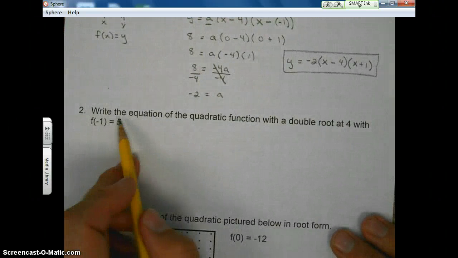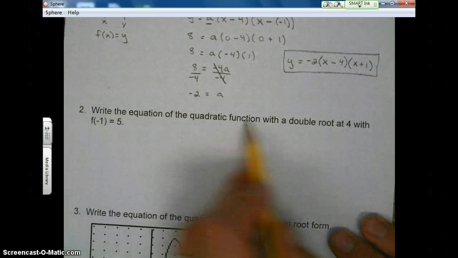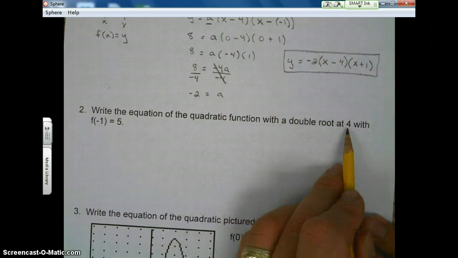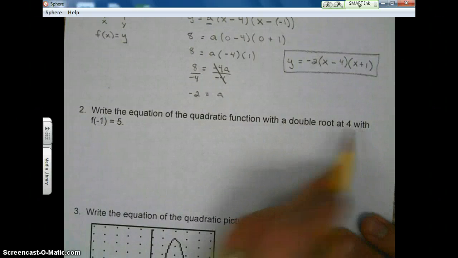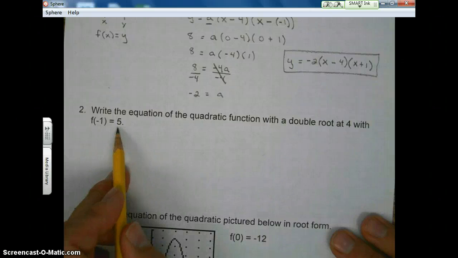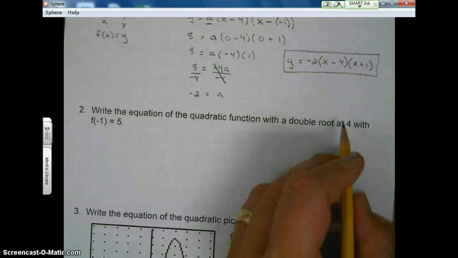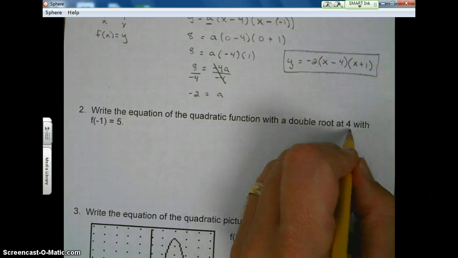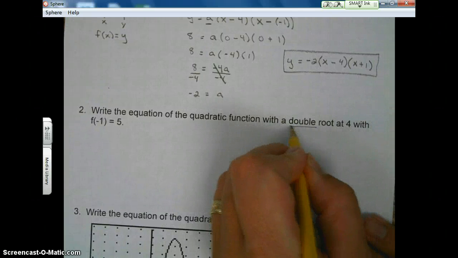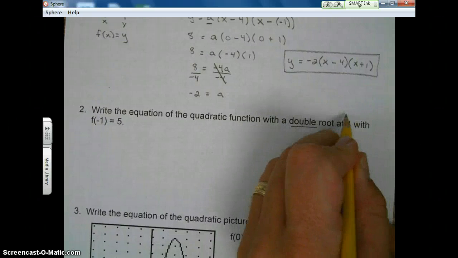Take a look at number 2. It says, write the equation of a quadratic function with a double root at 4, with f of -1 equal to 5. Well, we have a double root of 4, which means we have two roots. Double means 2. We have two roots, but they're the same.